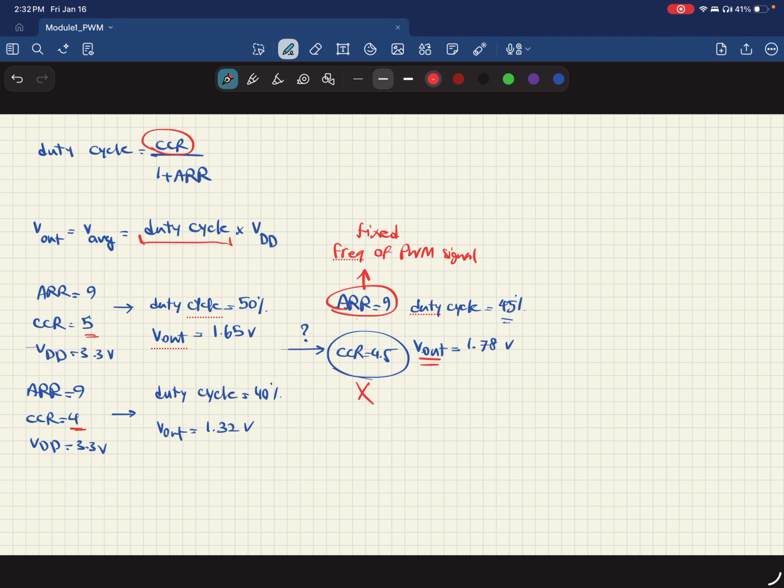So this shows that if ARR is 9, then the duty cycle steps, or quantization or levels, can be 1 over 1 plus 9, 10%.